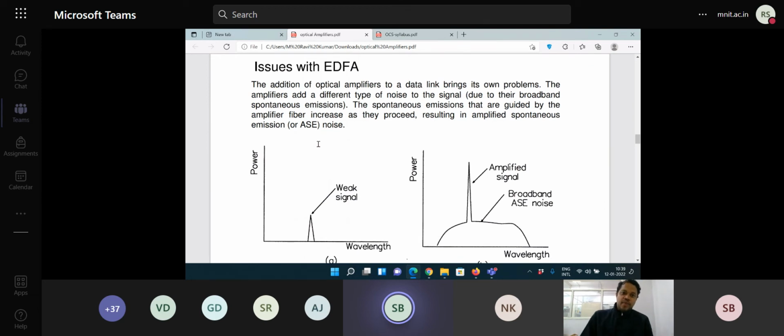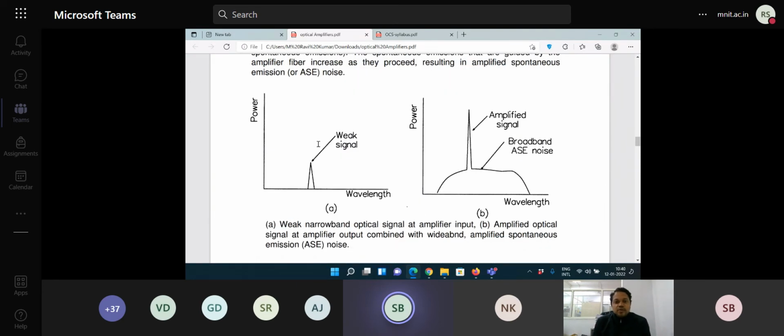So there are problems also with EDFA. As you can see in the figure here, the left graph shows the input and the right graph shows the output. When we have a weak signal, maybe of the order of 1 or 2 microwatts, it would be amplified to a very large level of around, say, 1 milliwatt.